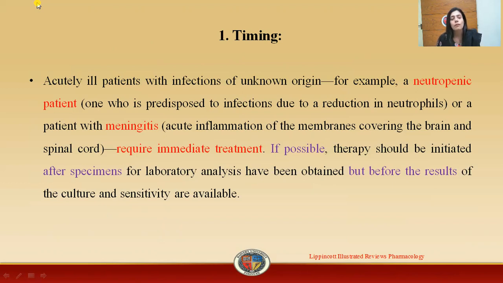For example, if you have a patient who is suffering from neutropenia, that is, a neutropenic patient who has a lower number of neutrophils, this may be due to mycobacteria, maybe he is suffering from TB, or it may be because the patient is suffering from hepatitis. So you will take the history of the patient, then according to the history, you will suggest the drug. If you are suffering from hepatitis, you can take this drug. If you are suffering from TB, then you have to take that drug.